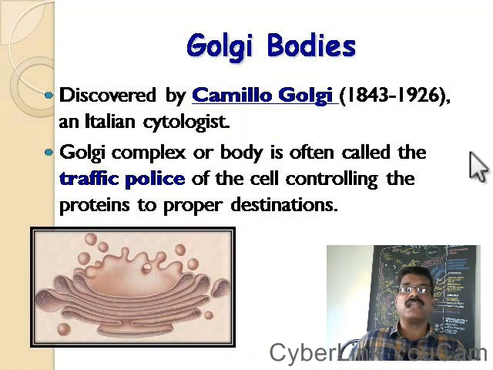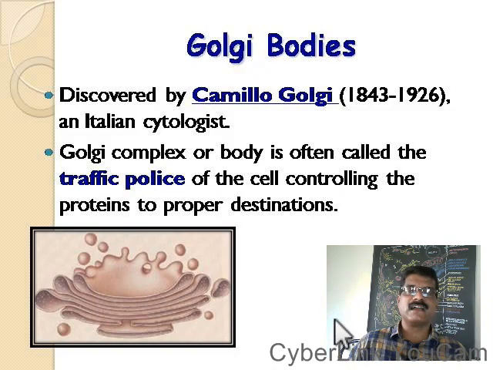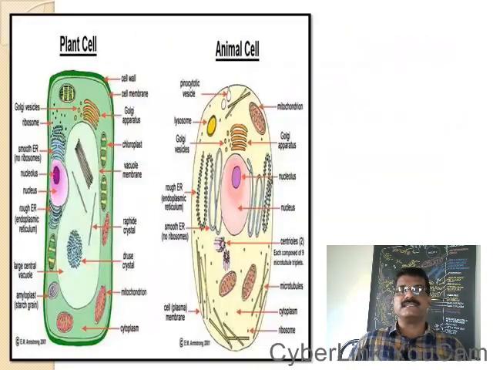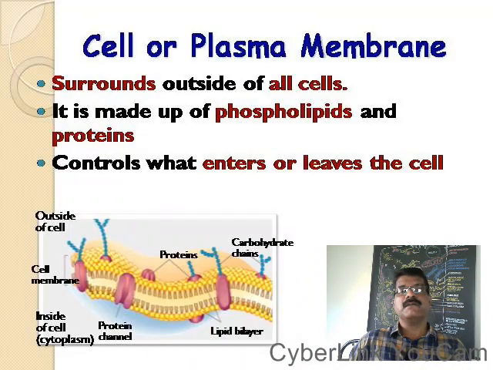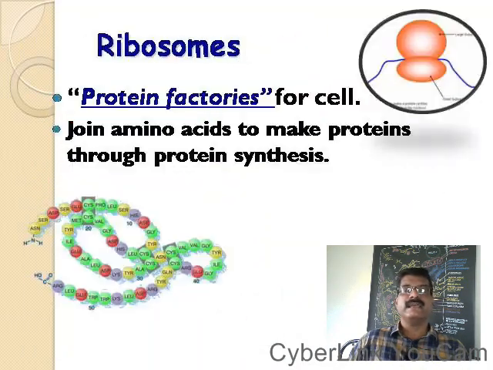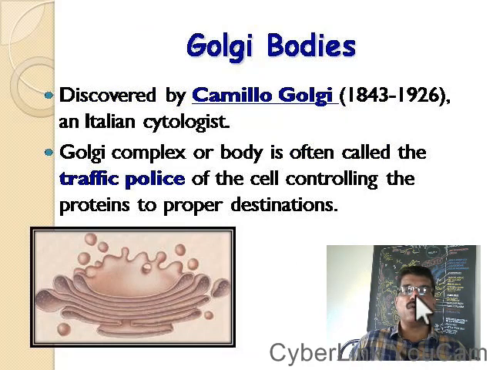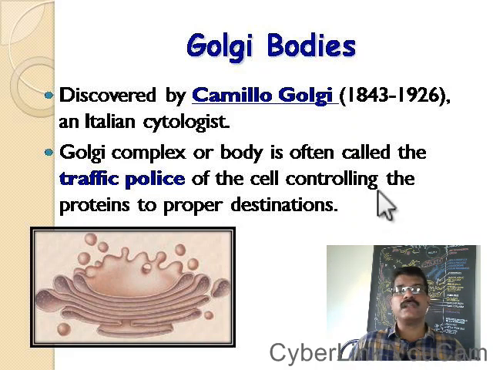Next, Golgi bodies, or they are called Golgi apparatus. Inside the cell you can see the Golgi apparatus. This is the Golgi apparatus. It got its name because it was discovered by the scientist Camillo Golgi. That's why it got the name Golgi bodies or the Golgi apparatus.